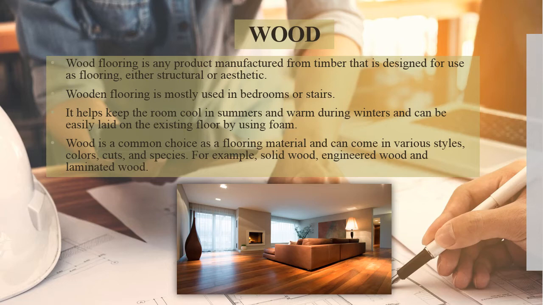It helps keep the room cool in summer and warm during winter, and can be easily laid on the existing floor by using foam. Wood is a common choice as a flooring material and can come in various styles, colors, cuts, and species. For example, wood has three types, which are solid wood, engineered wood, and laminate wood.